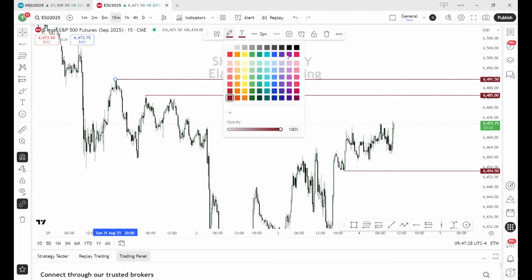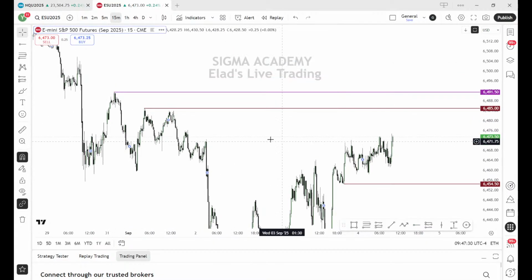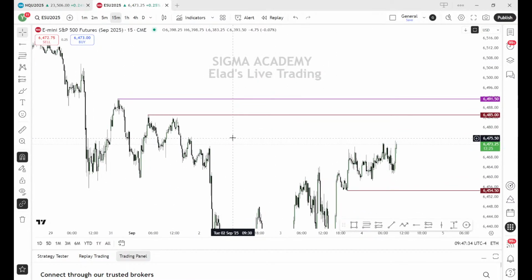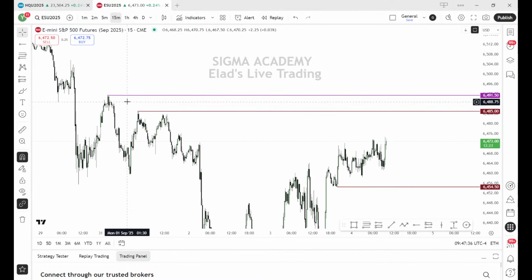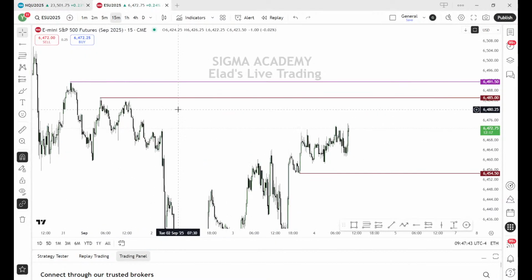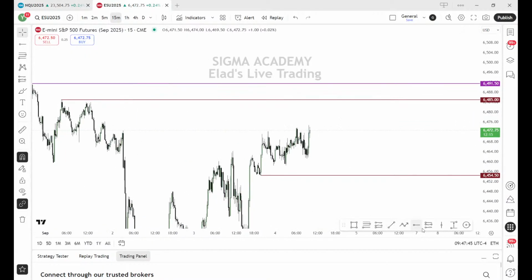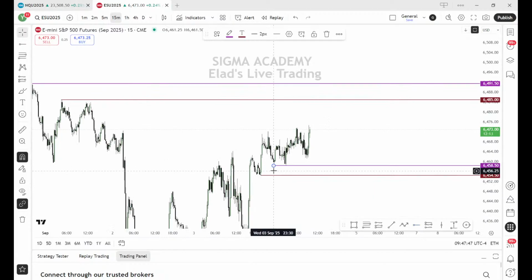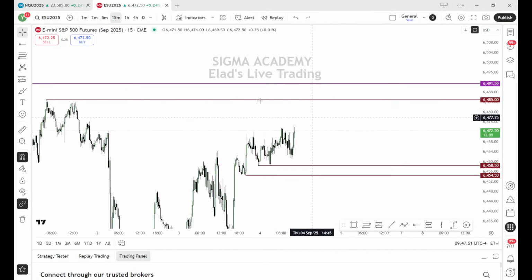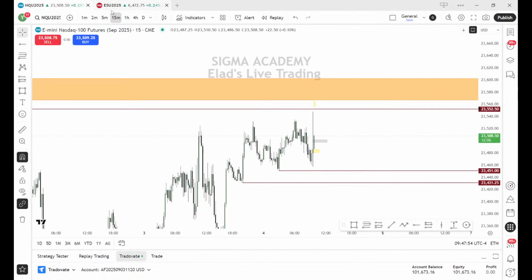This one I will make it purple, because it indicates what is the difference between the NQ and the ES. This one on the NQ is our high. You can see it. So now we have again money right here on the ES. Let's see.